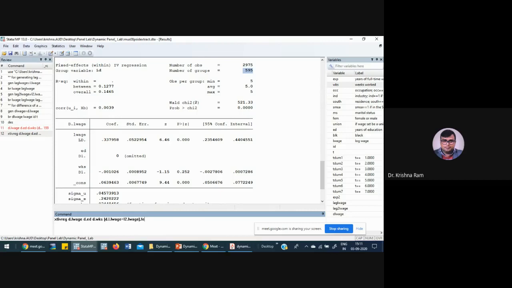The important thing is that we always try to observe the number of groups. The number of groups must be larger than the number of periods. Always remember, because that is the condition of working with a short panel data set.